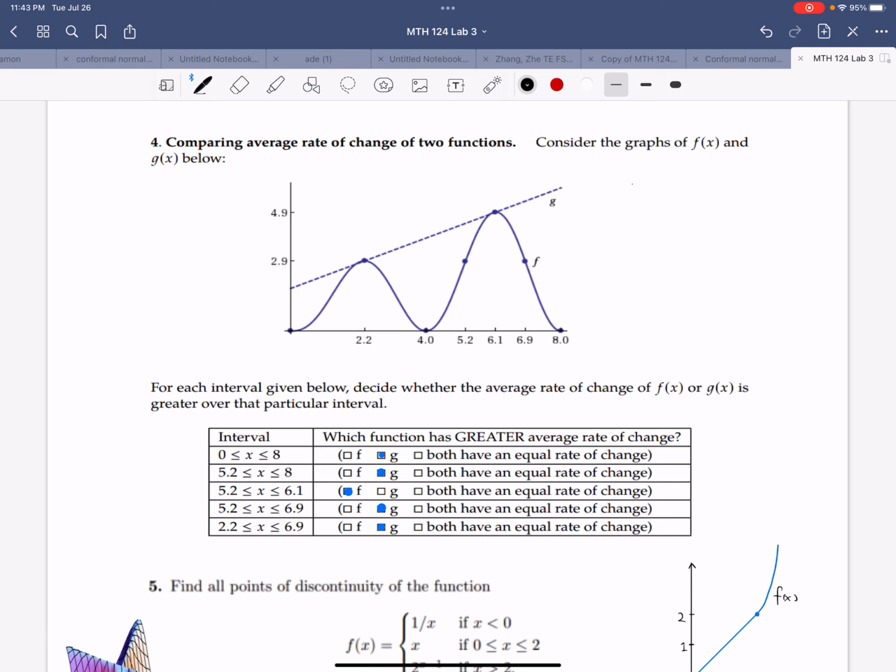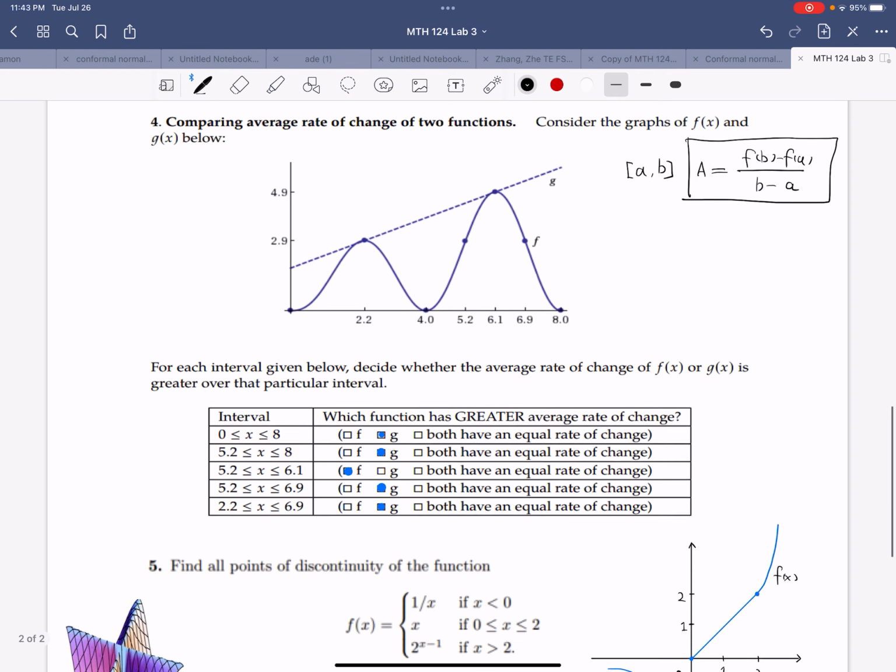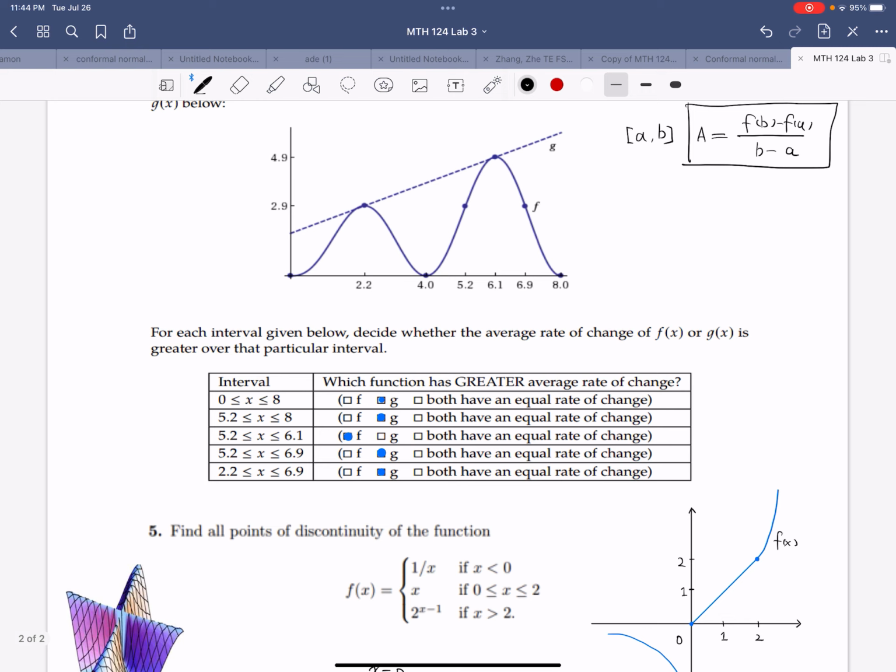Question 4 is about average rate of change. So on the interval from a to b, the average rate of change of a function should be (f(b) minus f(a)) over (b minus a), right? That's the formula. And basically using this formula, we can make comparisons.